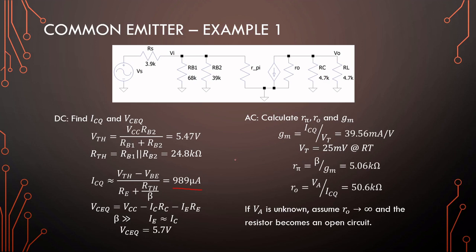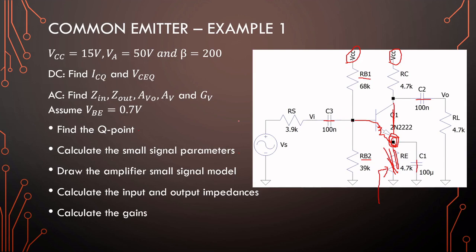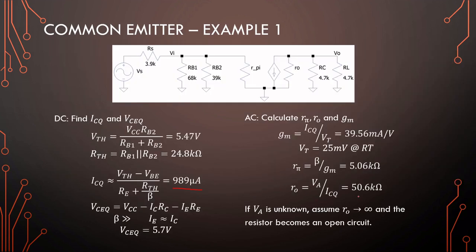With our collector current, we can apply our small signal parameter equation. So the Q point divided by the thermal voltage is 39.56 milliampere per volt. R pi is 5.06 kilo ohms, and R out using the early voltage of 50 volts is 50.6 kilo ohms.